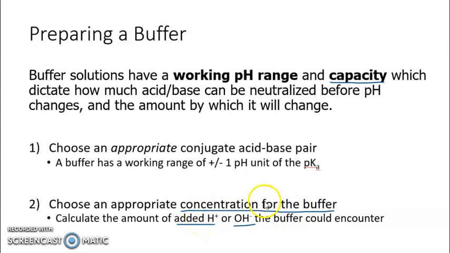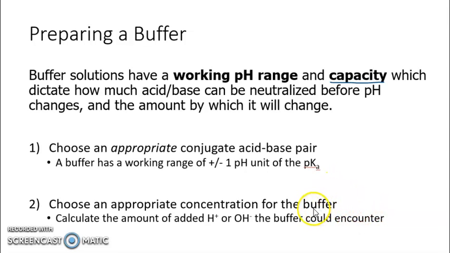Now, you might be asking, well, why don't I just use the highest concentration possible, and then I don't have to worry about how much acid or base my buffer is going to encounter? And to a first approximation, that's not a bad idea. The problem, particularly in biological systems, is that the osmolality of the solution is related to the concentration of all the species in solution.